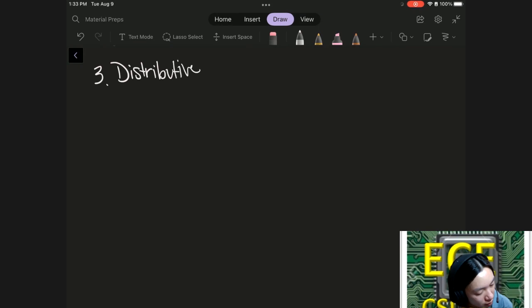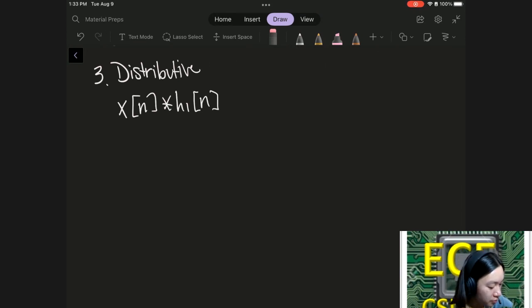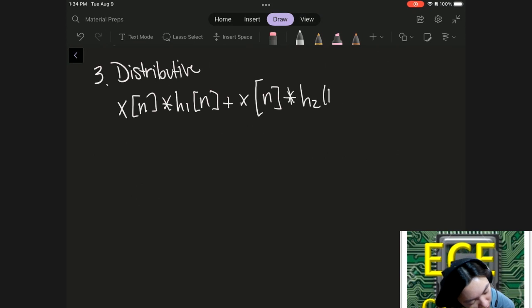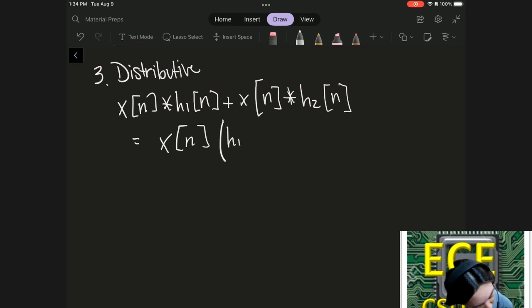Which means if I have x of n convoluted with h1 of n, plus x of n convoluted with h2 of n, this could be rewritten as x of n convoluted with h1 of n plus h2 of n.